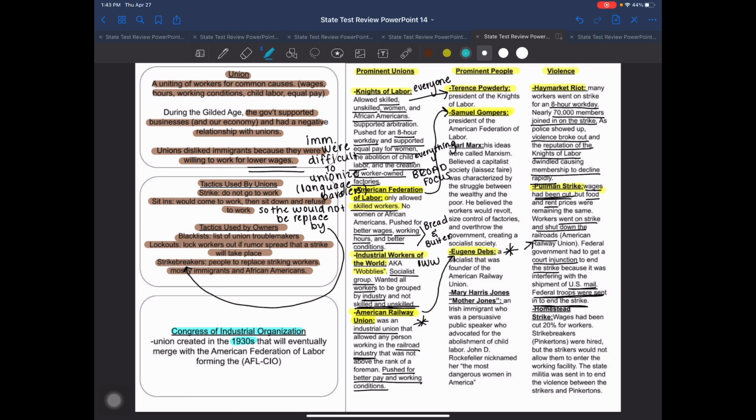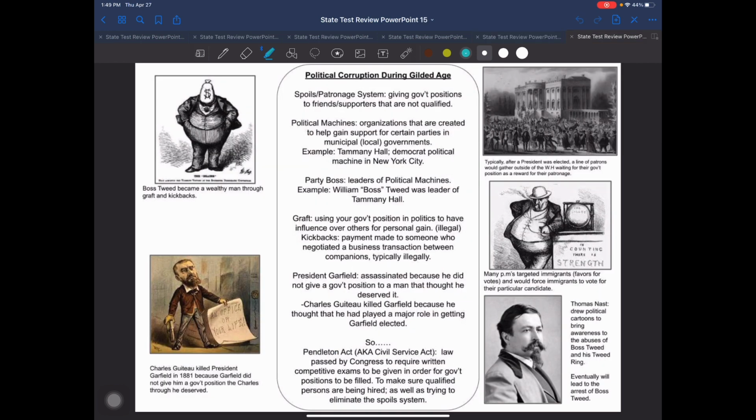And what we see today is that the CIO, Congress of Industrial Organization, actually merged with the American Federation of Labor. So on our last page for the Gilded Age, we have one of the negative sides of the Gilded Age is the political corruption on the national and the local level.